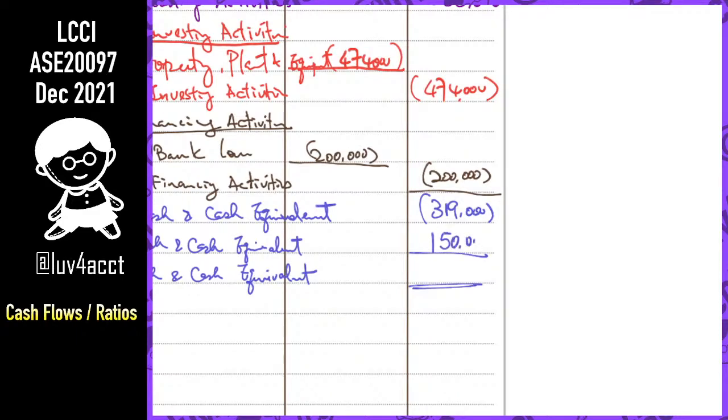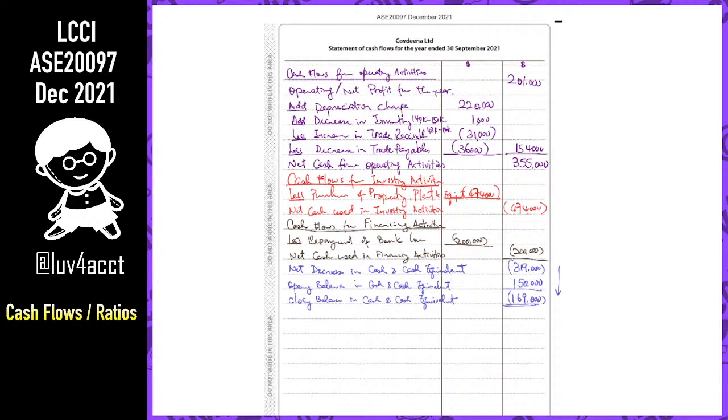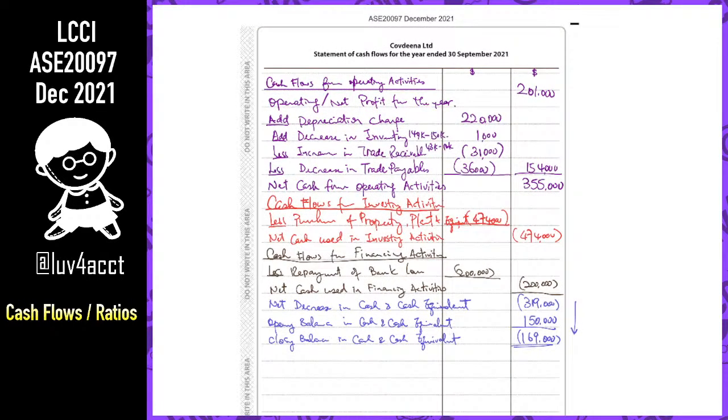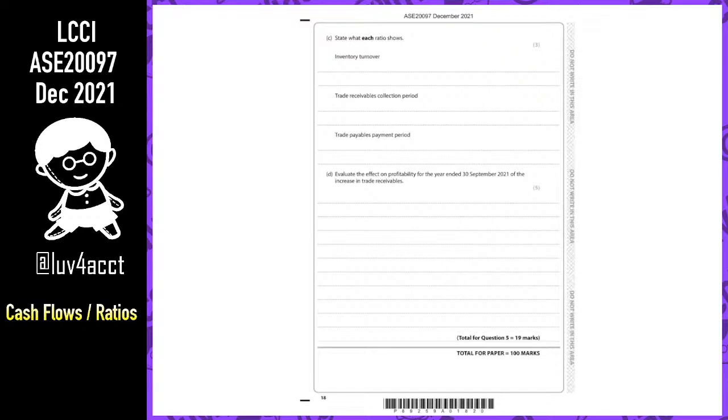Let us calculate to see. Negative 319 plus 150, 169 negative. Perfect. Finished. Yes. Nine marks here.